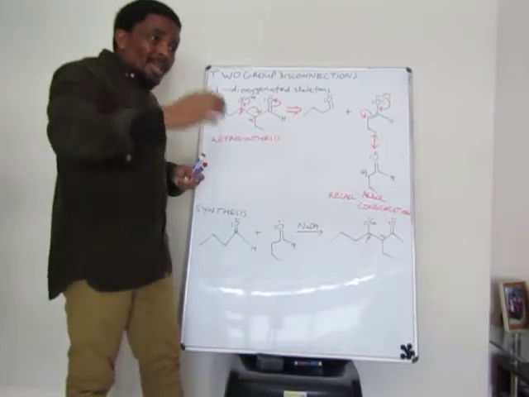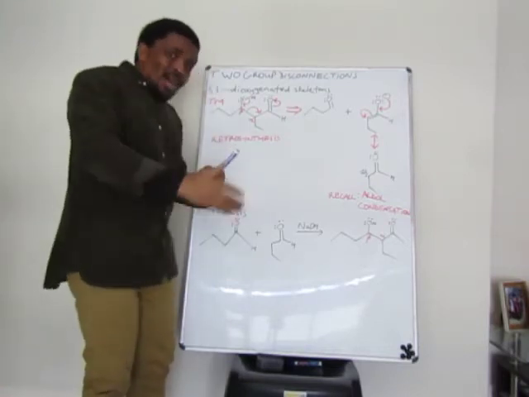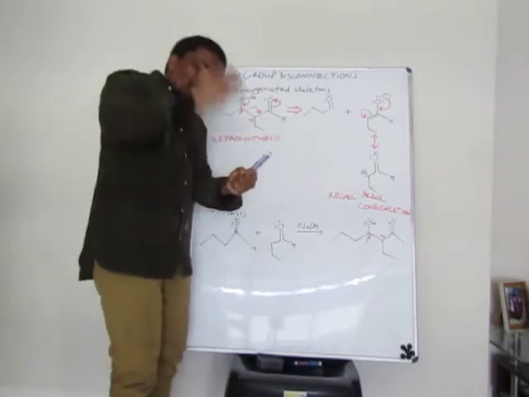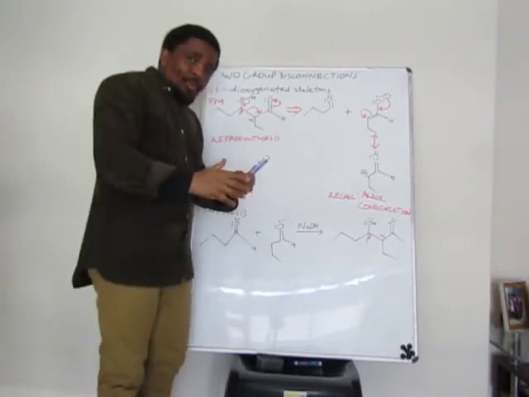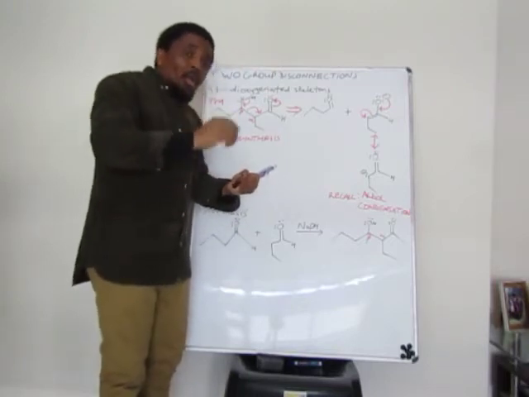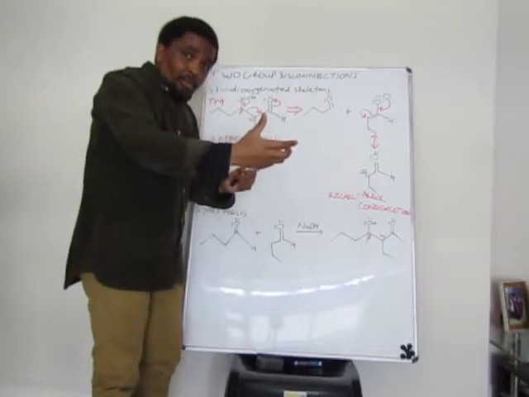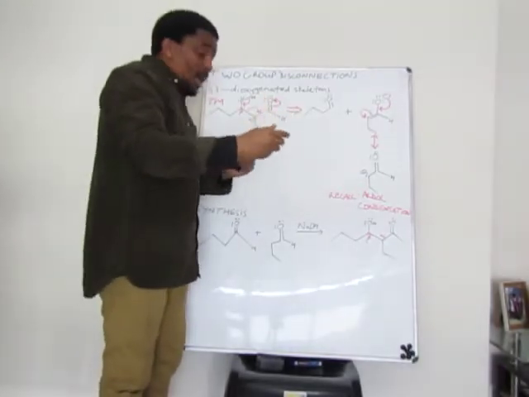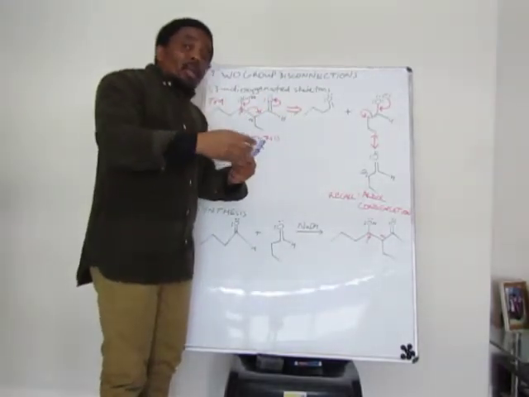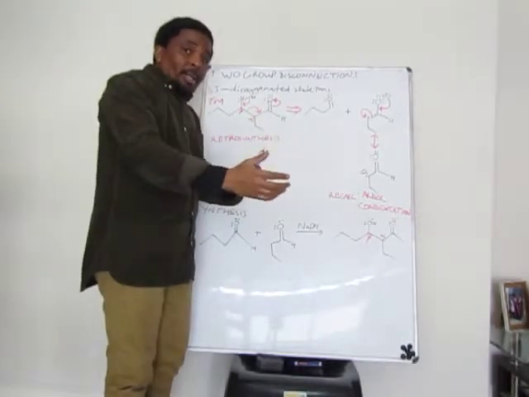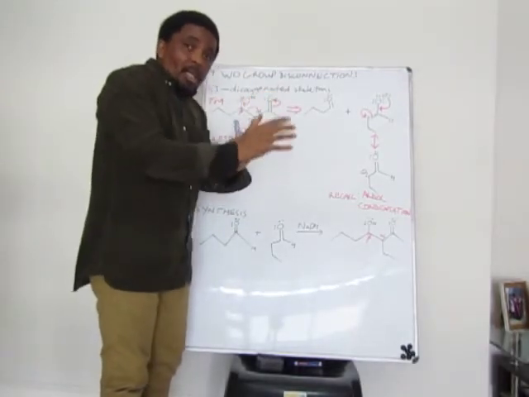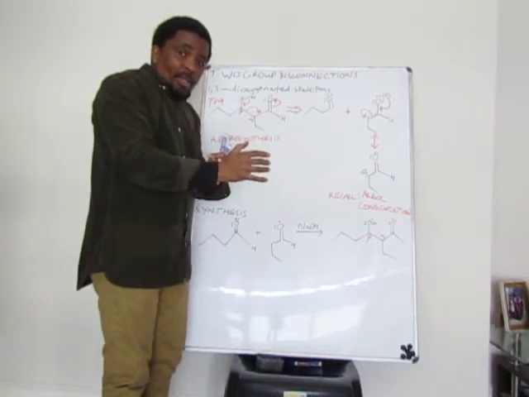compounds, right? Remember, whenever you have your target molecule, what is it that you do? You break it down, right? Now, how do you do that? You don't do it haphazardly. It has to be a logical process. That's very important.